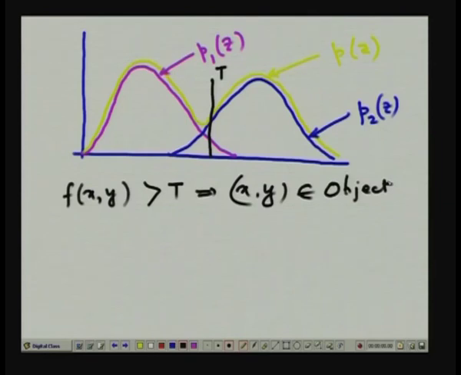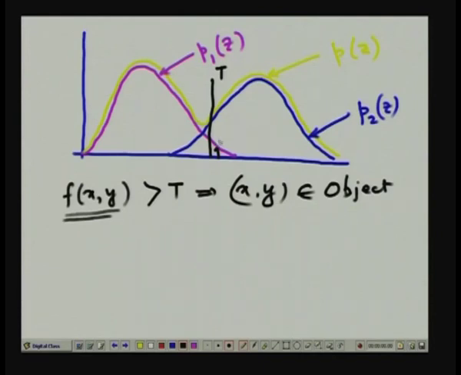Okay. Now, here you find that though we are taking a hard decision that if f x y is greater than t, then x y belongs to object, the pixel with intensity value f x y also has a finite probability, say given by this, that it may belong to the background. So, while taking this decision, we are incorporating some error.